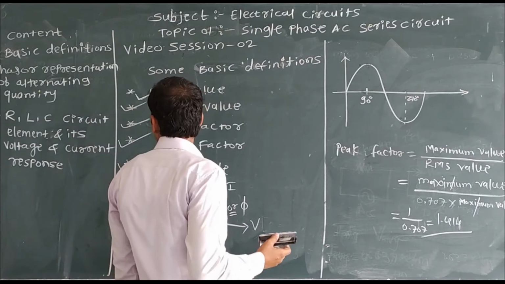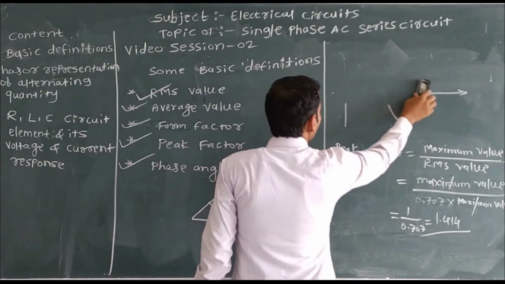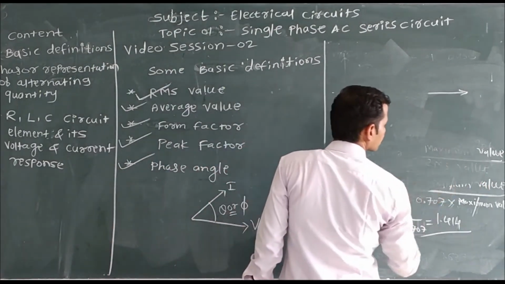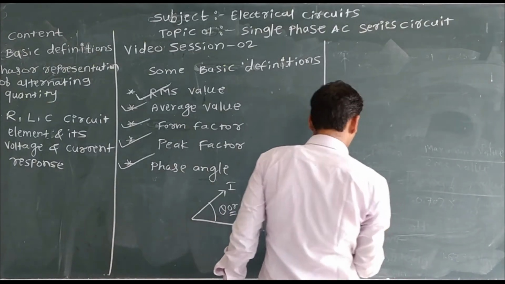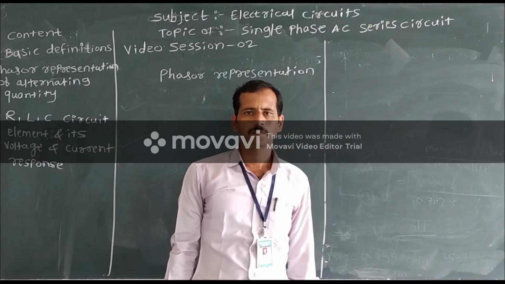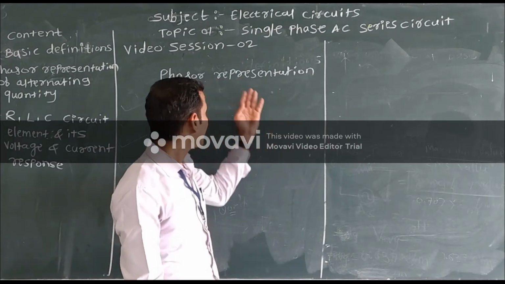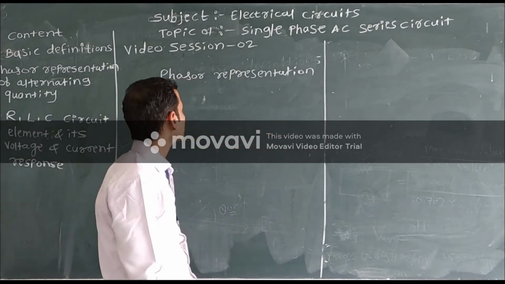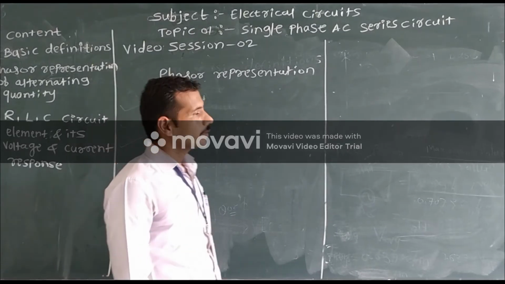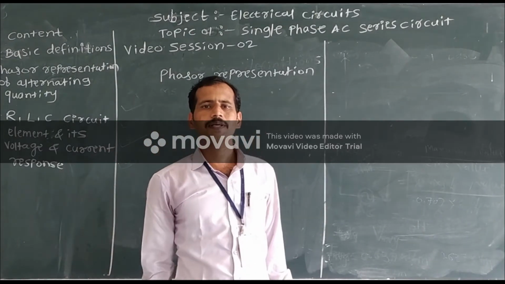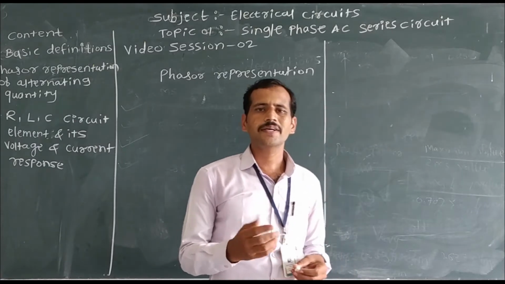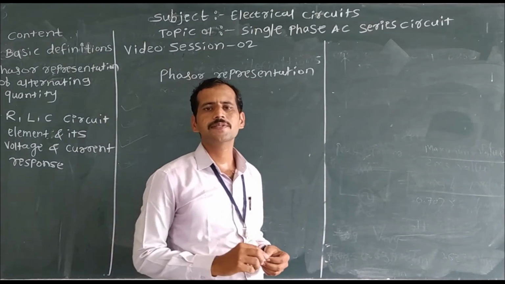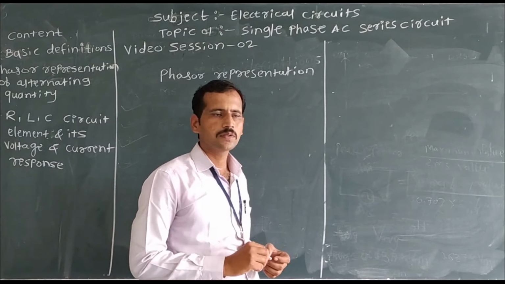Next we will see phasor representation. What is meant by phasor? A phasor is generally used to represent an alternating quantity, or to represent an AC quantity in a simple way.